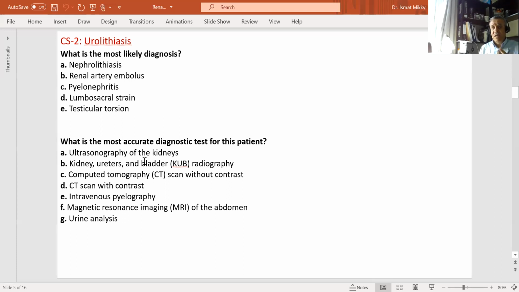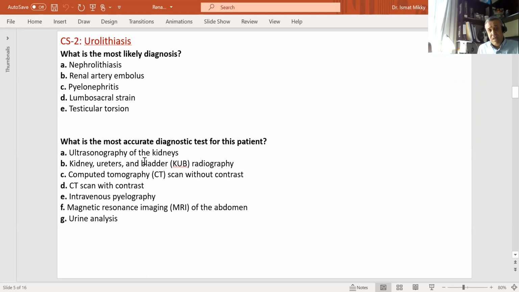The hematuria can be gross or microscopic. It doesn't mean that if we don't see it, it's not present. Sometimes it's microscopic and can be detected under the microscope. So hematuria can be gross, where you can see it, or microscopic.